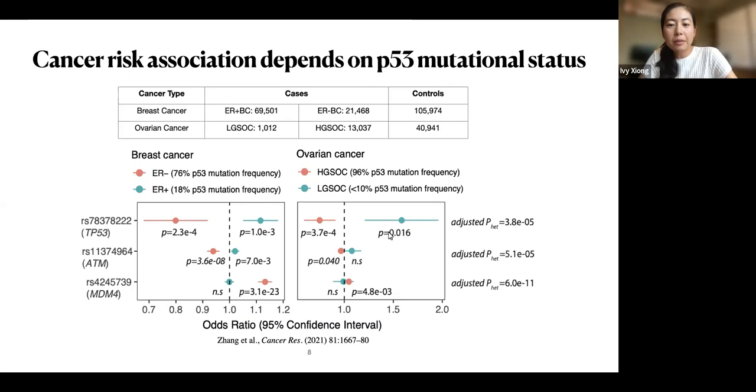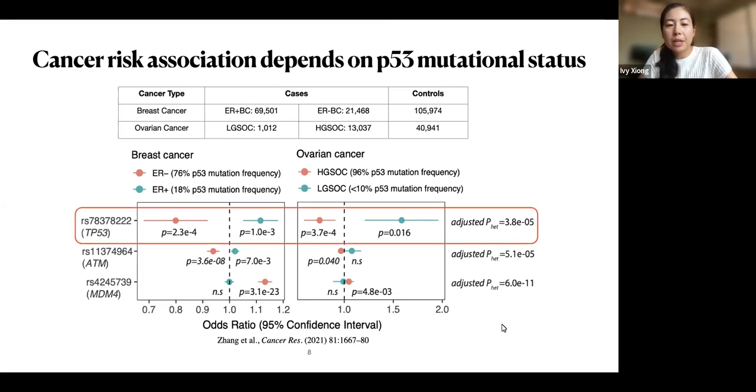And when I look at the risk association profiles of this variation with cancer risk, I realized that if you carry a mutant PP3, this variant actually tends to be protective in their odds ratio profile, compared to tumors that have wild type PP3.